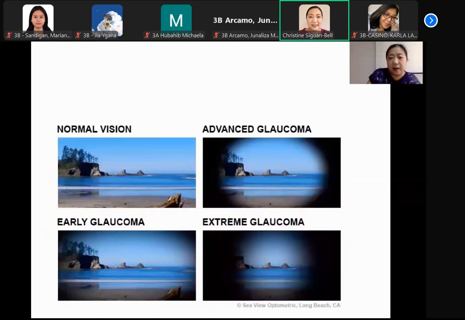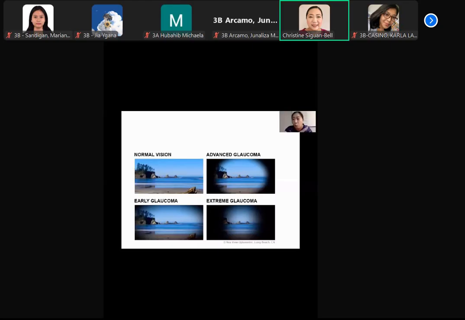This is a picture of how a patient with glaucoma sees. If you are a normal person, then you're able to see the whole picture, all the trees, the sea, the sky, everything. With early glaucoma, there are some peripheral visual field changes.